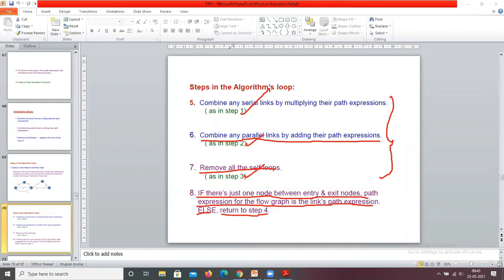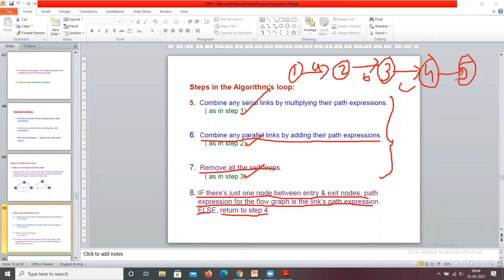So what does it mean? For example, this is the 1, 2, 3, 4, 5. Okay, so this is the expression. These are the links A, B, C, D, E, F, like this.